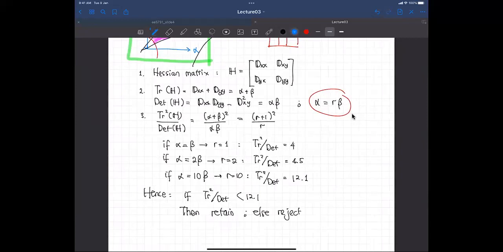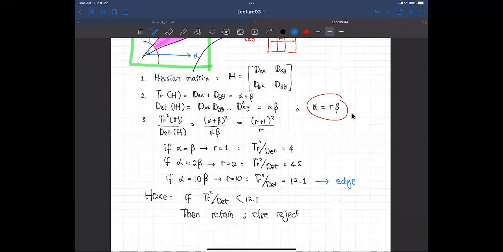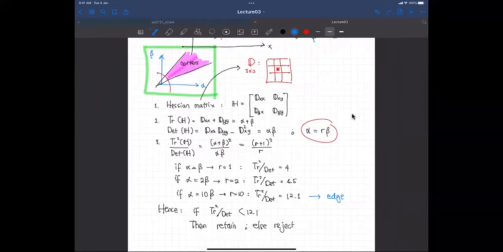So this one is assumed to be H. Any questions, anyone? So basically, that's the idea of how we can get the corners, by knowing the ratio between alpha and beta.